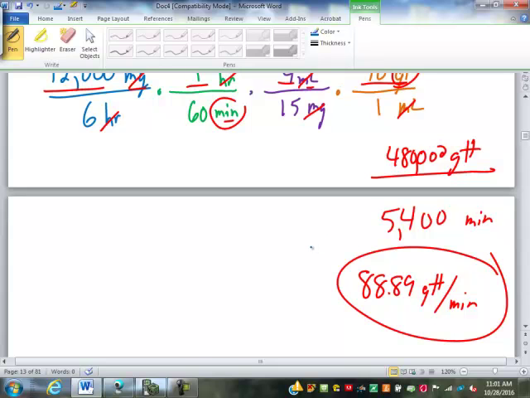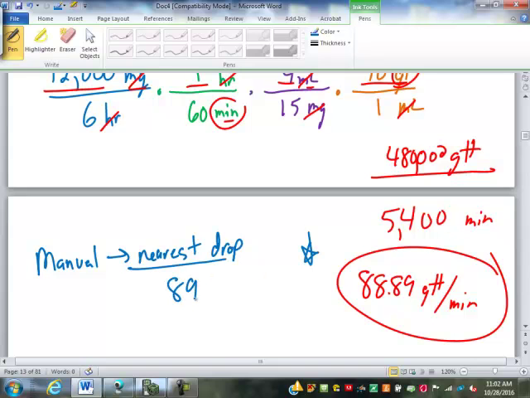At this point, I'm going to have a little bit of a discussion on rounding. Depends on what you're using to infuse. If you are setting this manually, you just go to the nearest drop. So if I was doing this manually, that would just simply be 89 drops per minute.